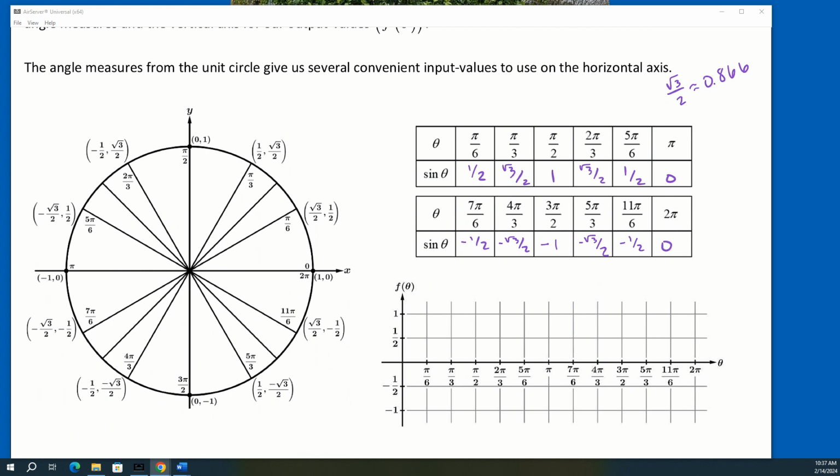One thing that's not on the table that we need to know is the sine of 0. So what is the sine of 0? 0. Good. All right, so we'll start there, and then we're just going to graph all of those ordered pairs.